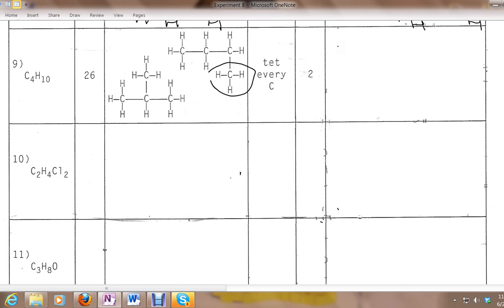But let's go ahead and draw the sketch. H, C, again, see what I'm doing. C, 1, 2, 3, and 4. It doesn't matter.